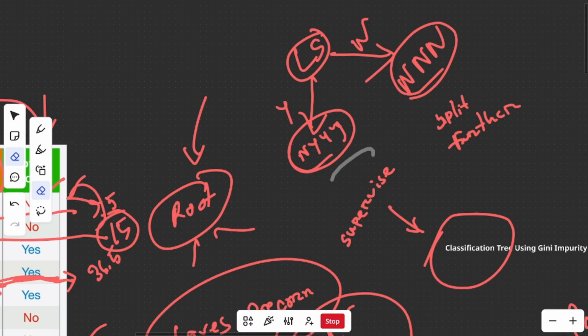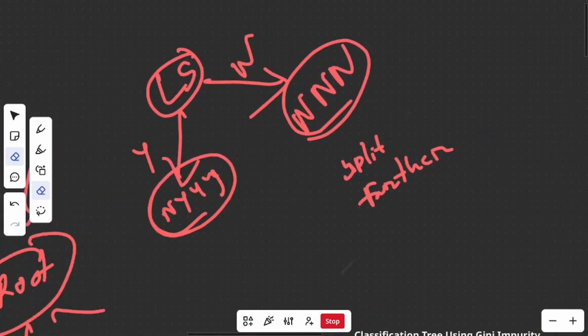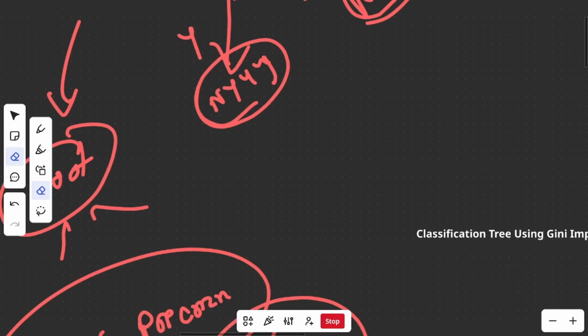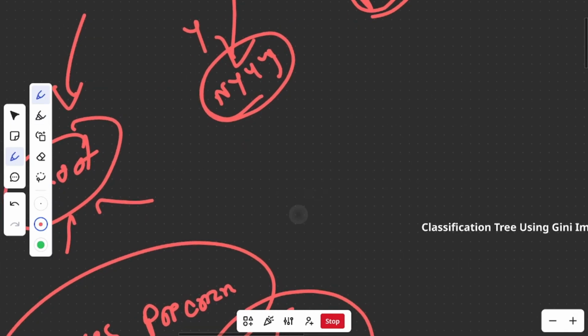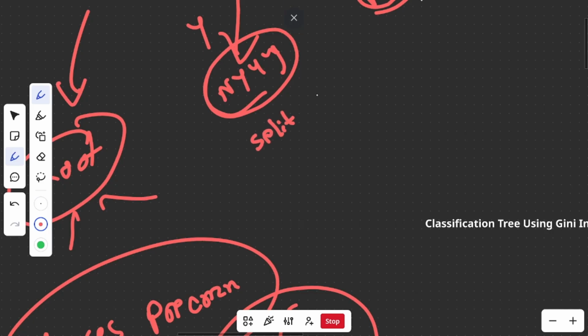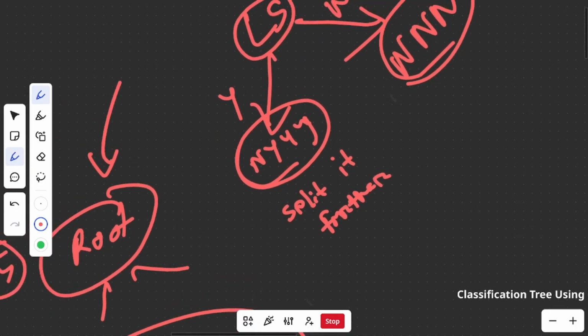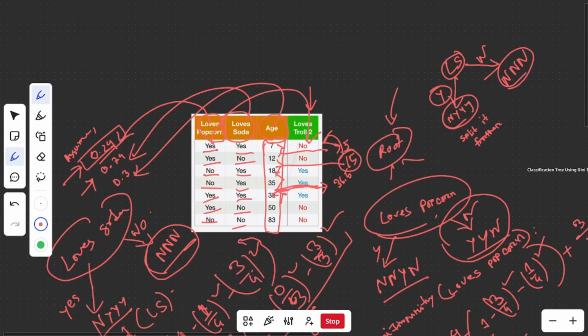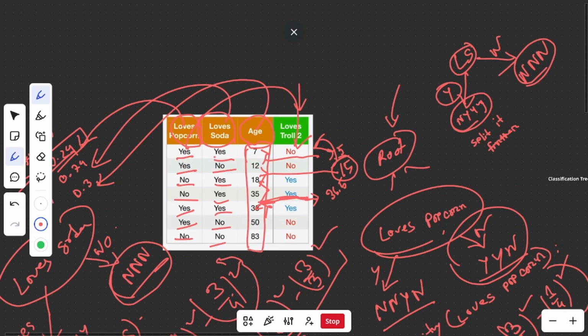Let's fix this. So we have to split it further, but you have to keep in mind that we are working with loves soda, yes, so the table will be smaller than before: loves soda, yes, 1 2 3 4.